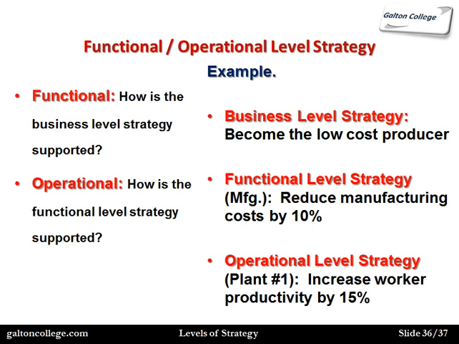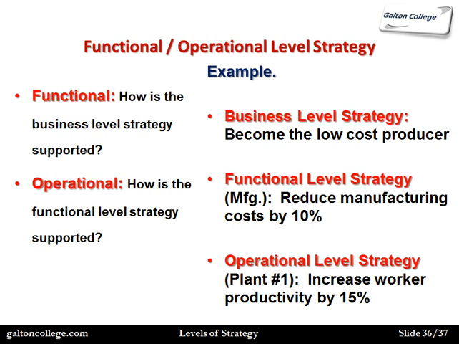Well, examples of these could be, at the business level, become a low-cost producer. At the functional level, to meet this strategy, it could be reduce manufacturing costs by 10%. That will make it a low-cost producer.